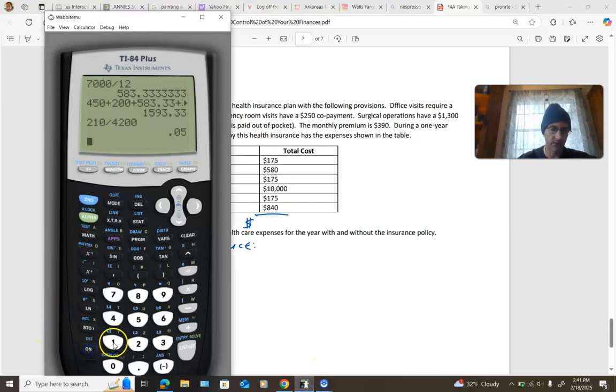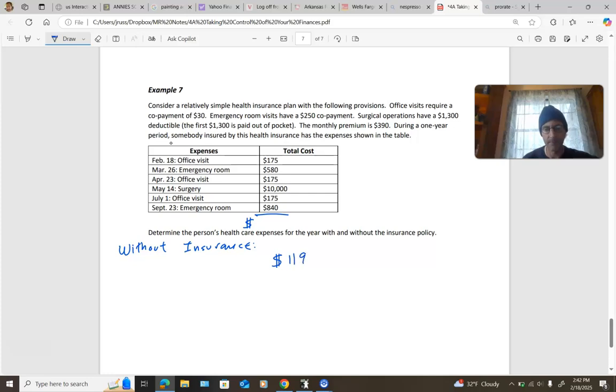All right, so $175 plus $580 plus another $175. I could have just said $175 times 3, right? Plus the $10,000 for the surgery. Another $175. And finally, $840, okay? All right, so this is going to be a total of $11,945 if you didn't have insurance here.